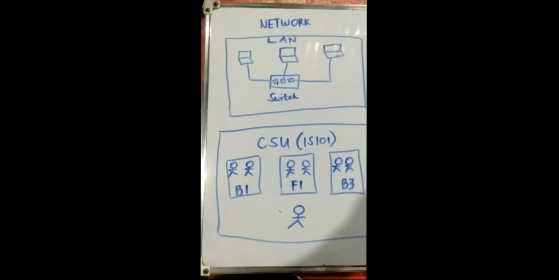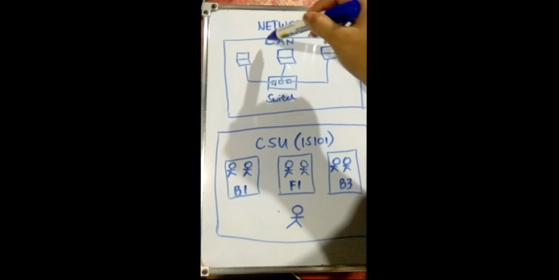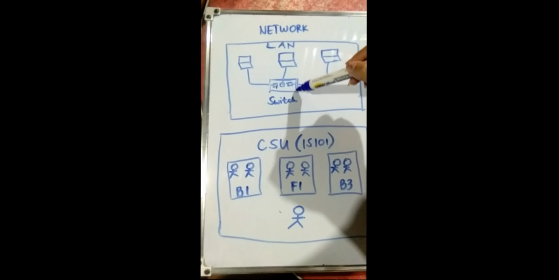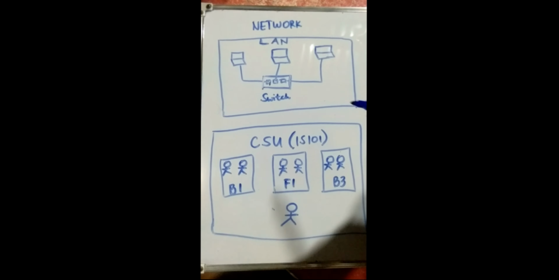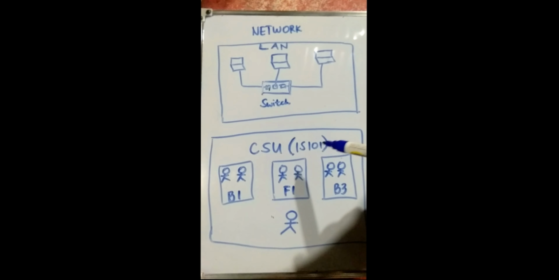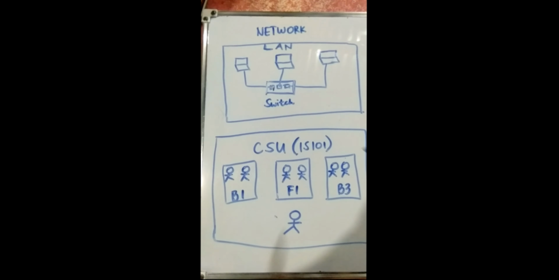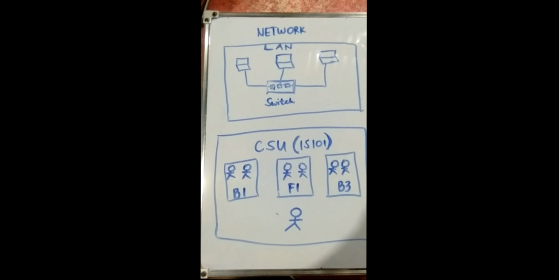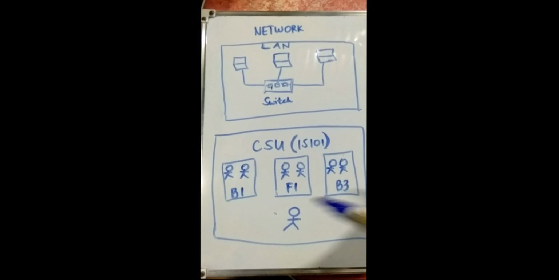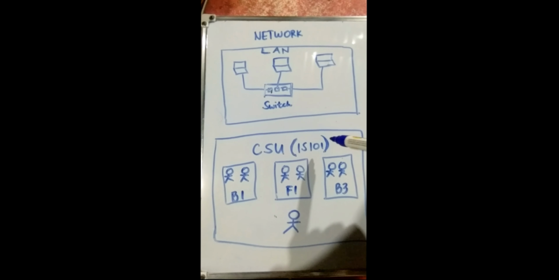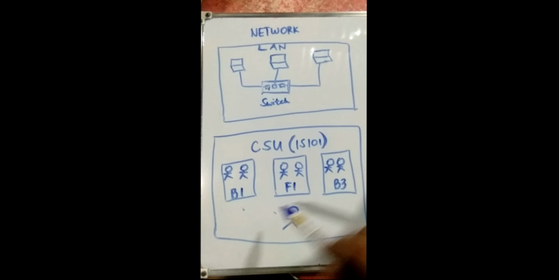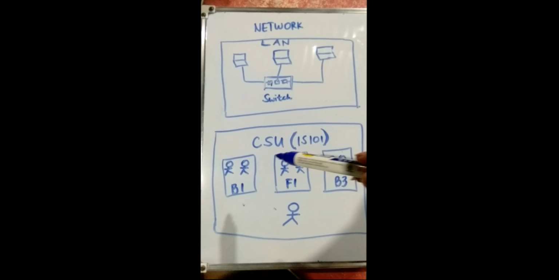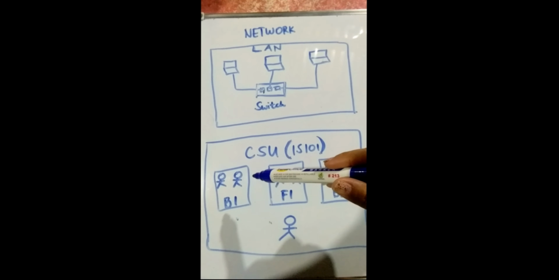So this is an example of a LAN. These are the computers connected to a switch. This is a switch. Comparing it to a school, in CSU, we have the course or program IS-101. In IS-101 there are 3 sections: V1, F1, and V3. Assume that each student is a computer or a device.